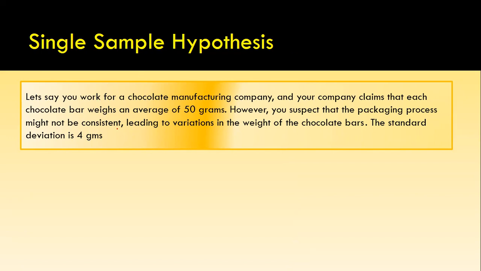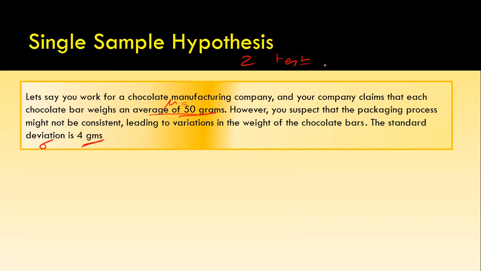The standard deviation is 4 grams. They gave you sigma, the population standard deviation, and the average too: the population mean is 50 grams. Since you know the population standard deviation, you can conduct the Z test.